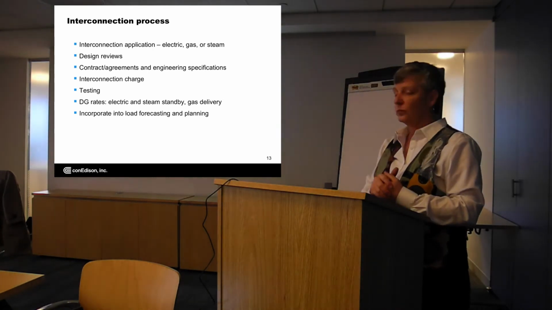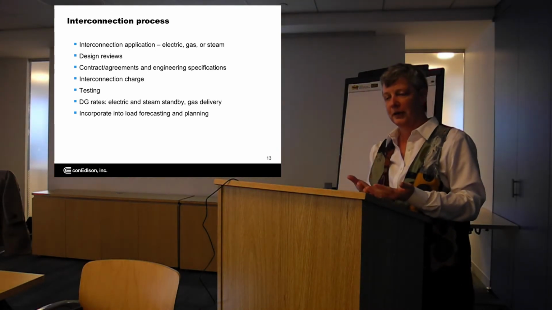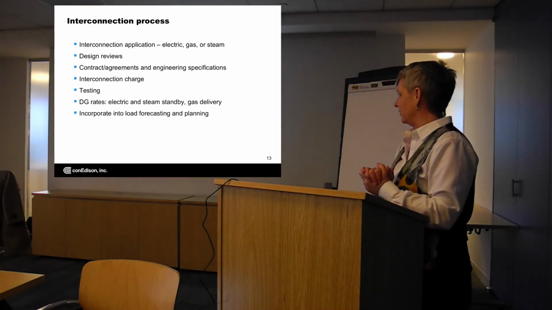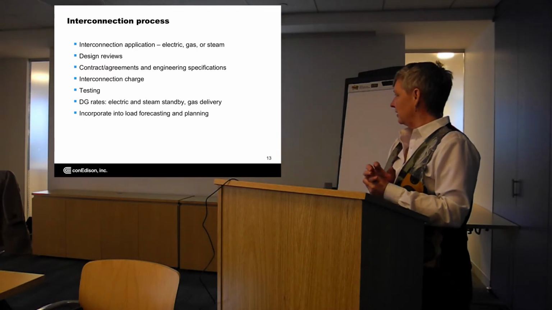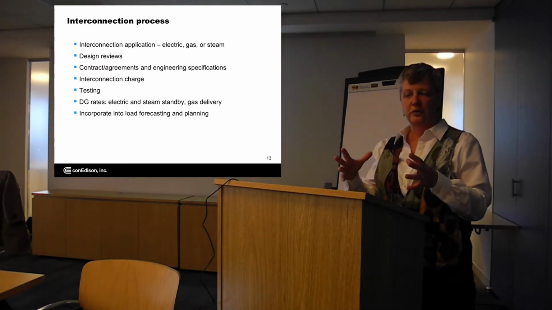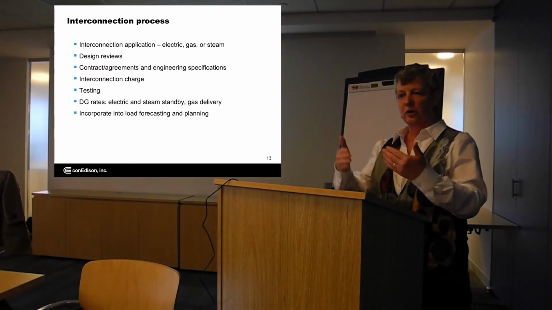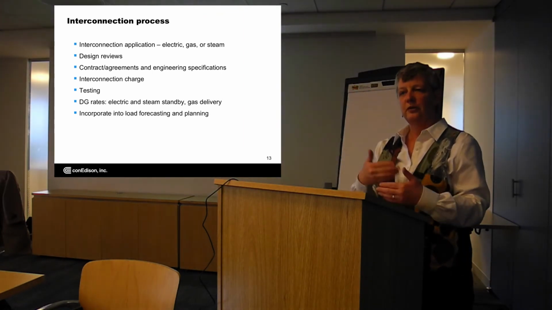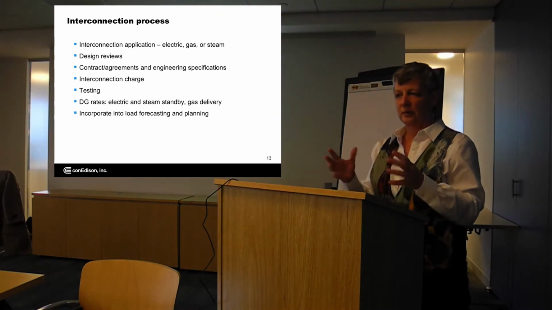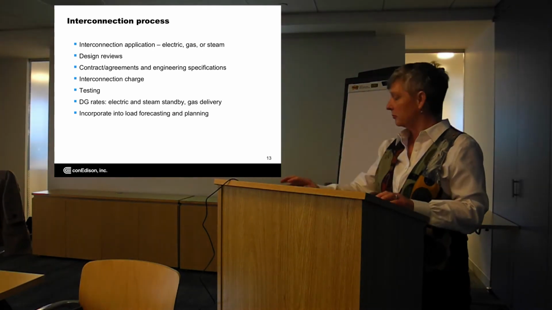We'll test it, and then once everything's good, you'll go on the standby rate unless you're exempt from the standby rate, depending on the technology. And then that generator goes into our planning process, and we review its operations, and we have some visibility into how it's operating.